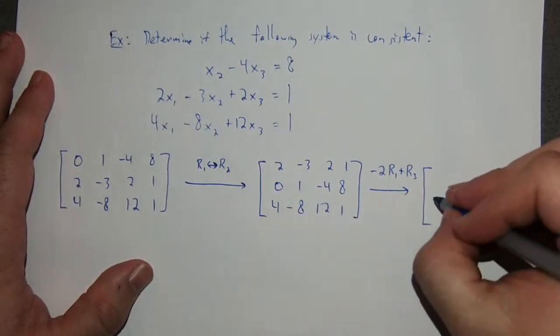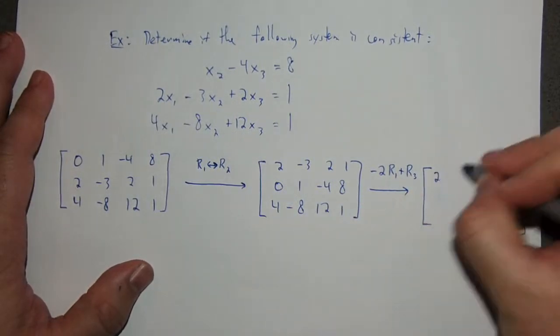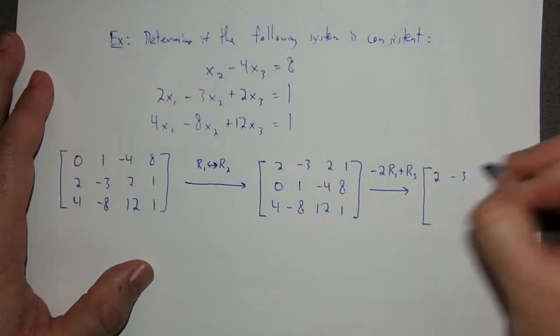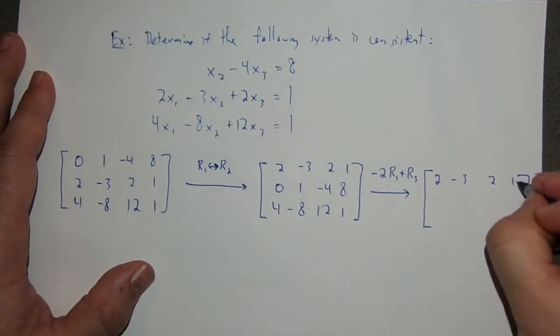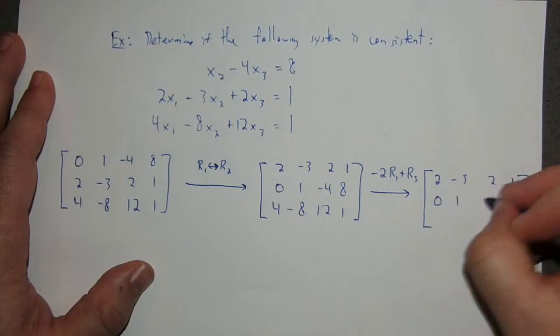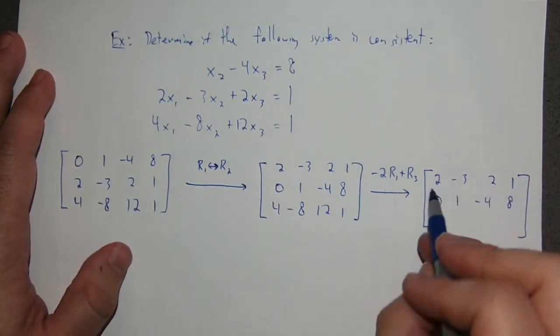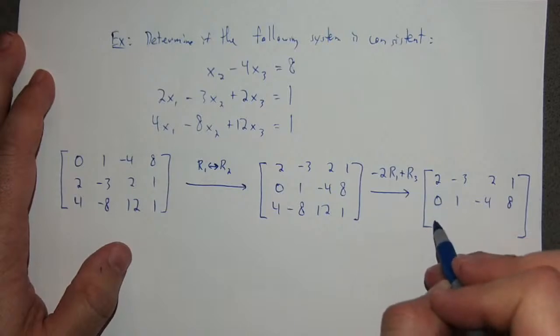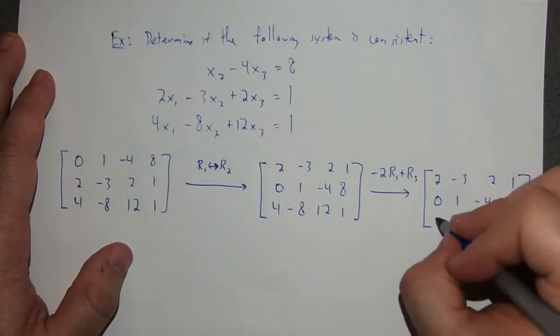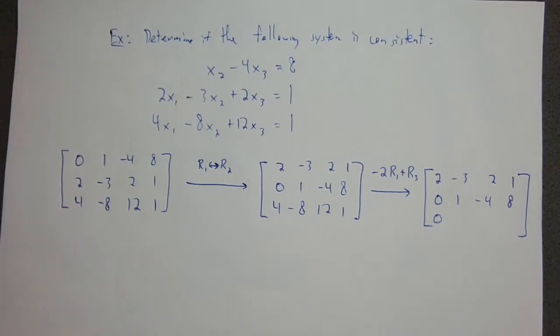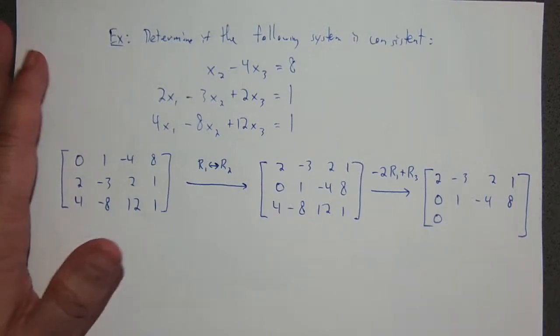This is not going to change row 1 or row 2 at all, so I'm just going to go ahead and copy those. Then minus 2 times 2 is minus 4, plus 4 is 0. That, of course, is the entire reason I chose minus 2 to begin with, so that had better work out.